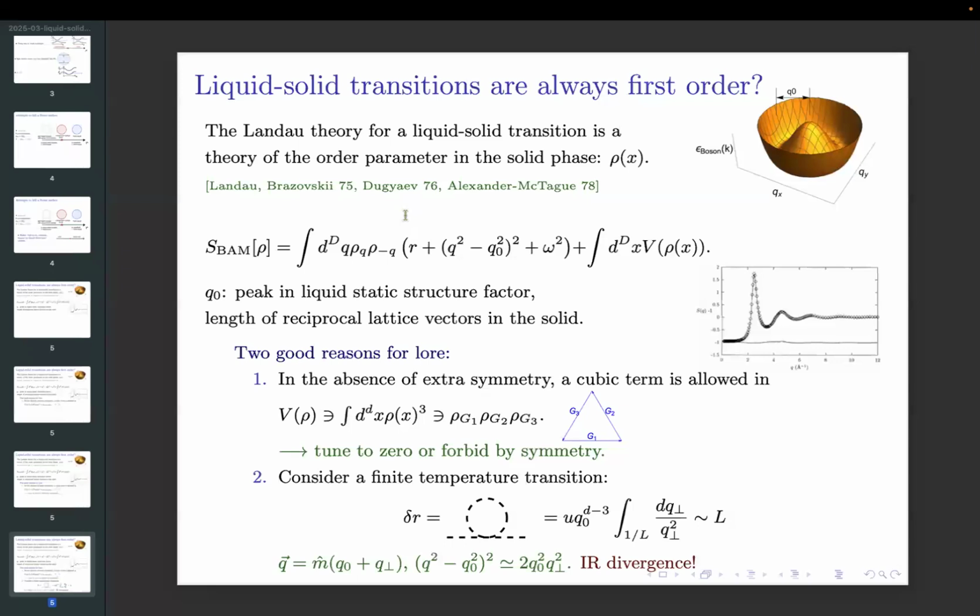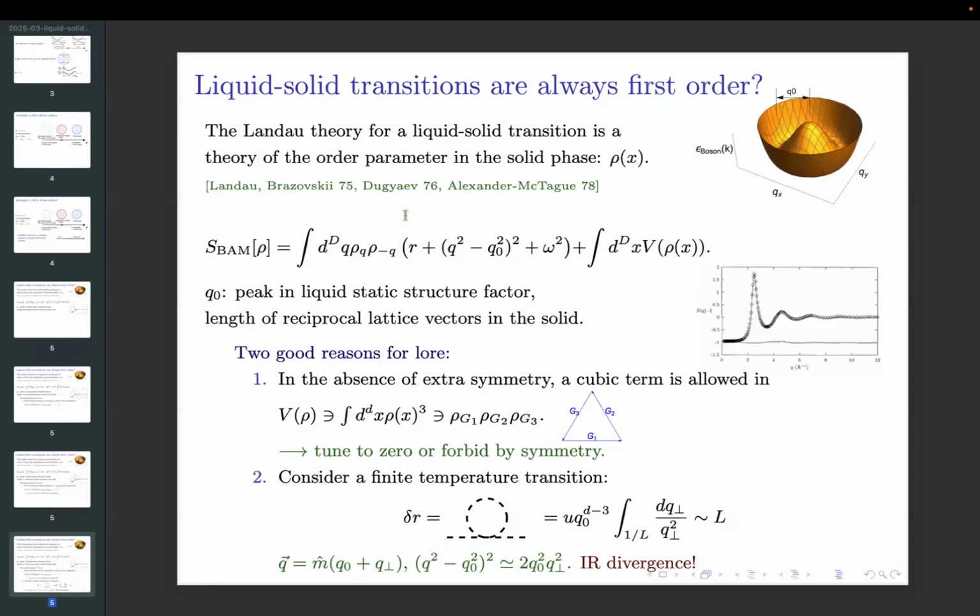Okay, so the only assumption I'm making here is that there is some quartic coupling in V, so that we can write a vertex like this where the boson couples to itself, and so we can draw this diagram. And using the propagator for this boson, the key thing is that this parameter r that we're trying to tune to 0 gets renormalized by this whole sphere of gapless modes.